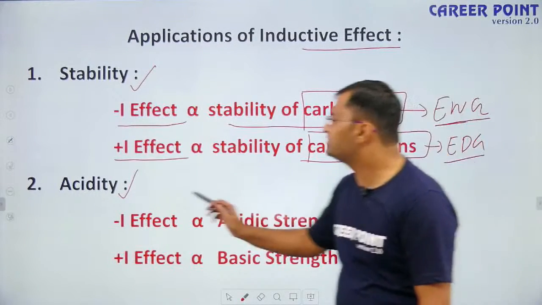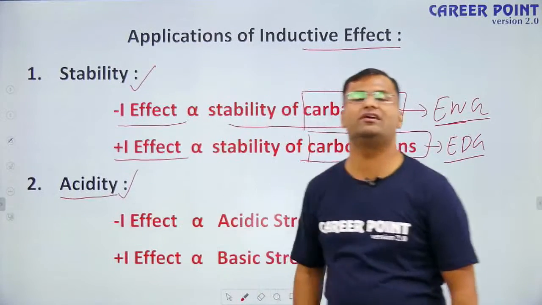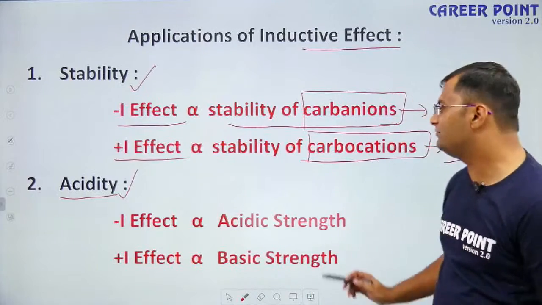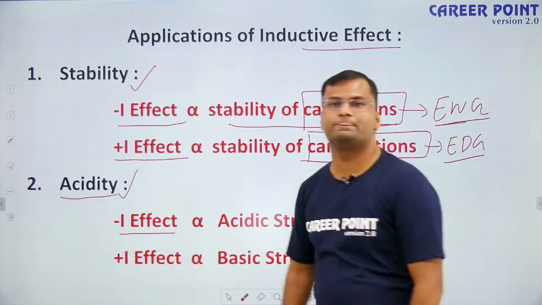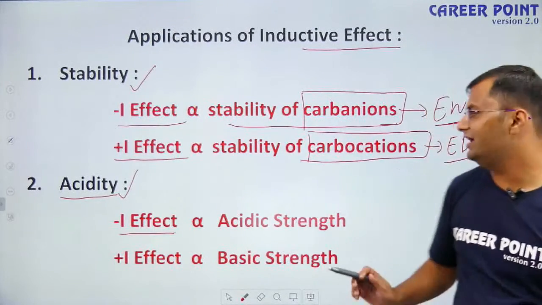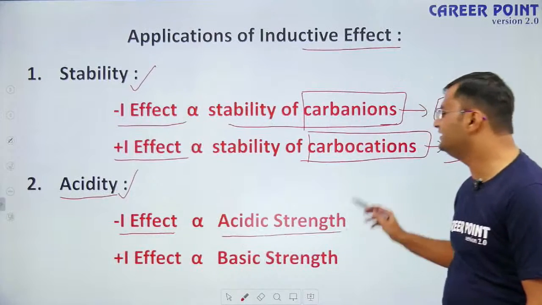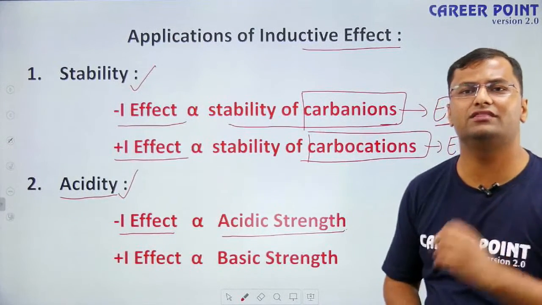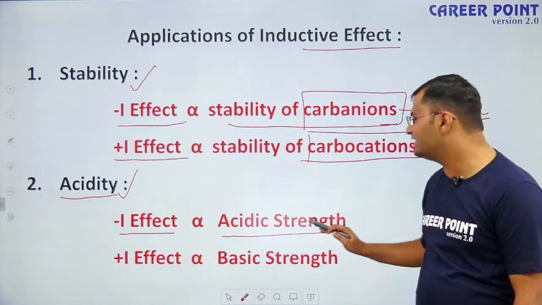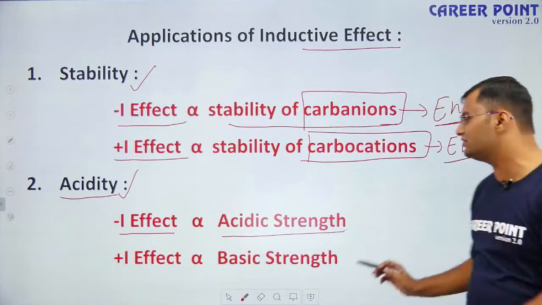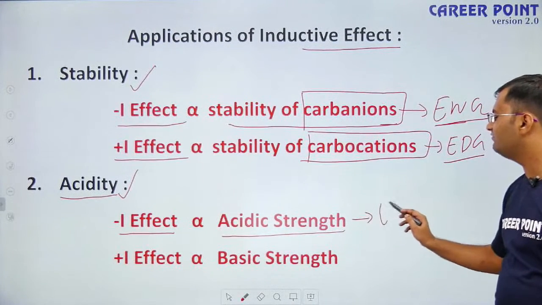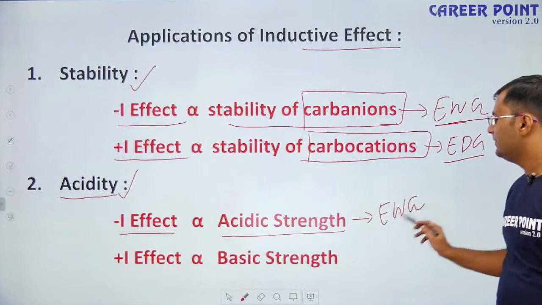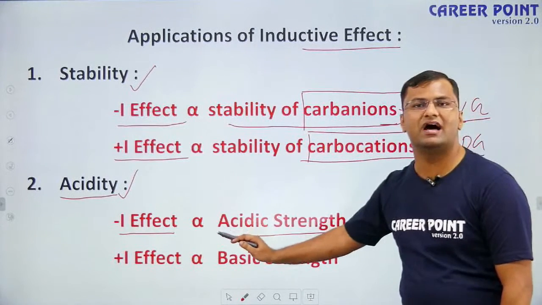Now for the second type of question, acidity, the first point you have to remember is that minus I effect increases acidic strength. As the minus I effect increases, the acidic strength of the compound increases, or we can say that any electron withdrawing group attached to a compound increases the acidic strength.